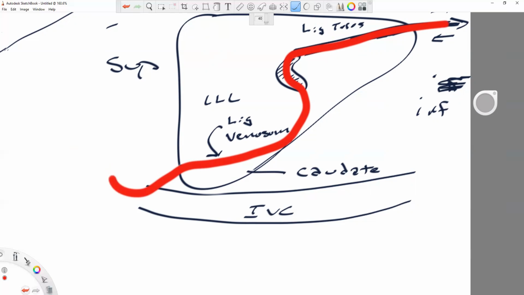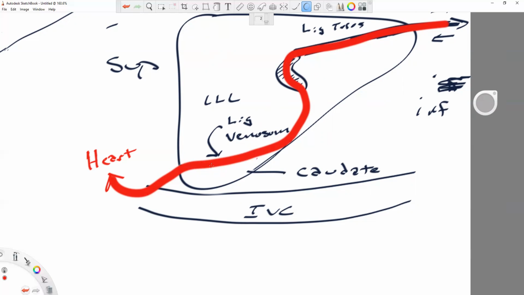And right back into the heart. So that's why we have a ligamentum teres. That's why we call this the umbilical segment. That's why the ligamentum venosum is really there.